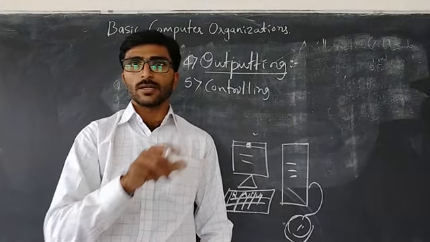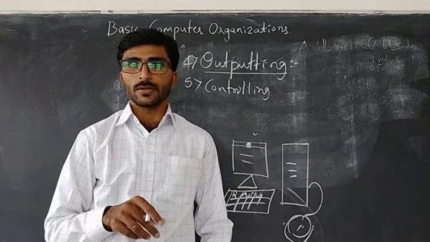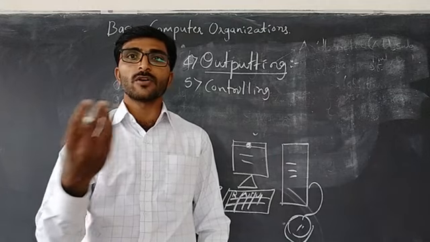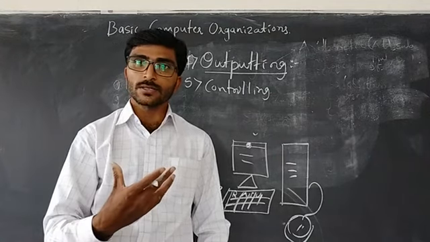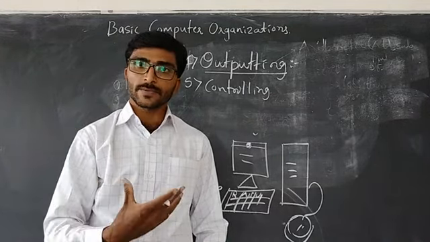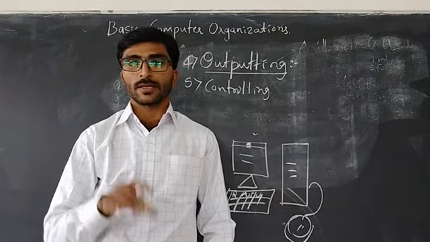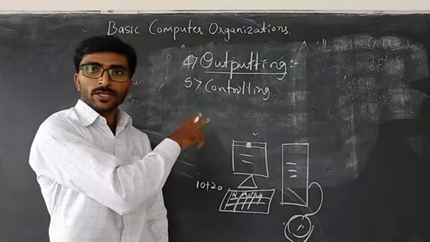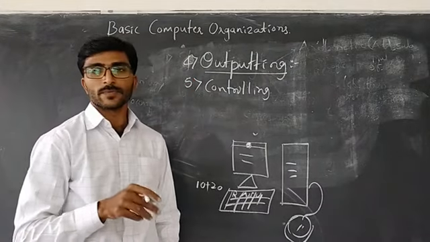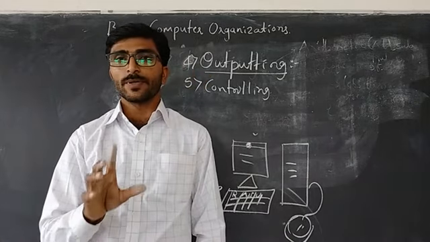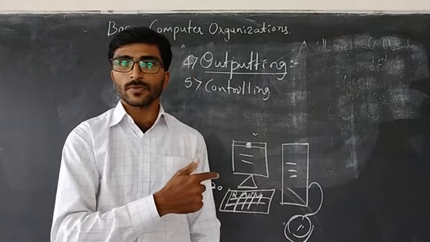The HOD or your principal. The principal takes care of all the classes going on inside the college. Like this, the controlling unit manages all these things. I hope this is clear to you.